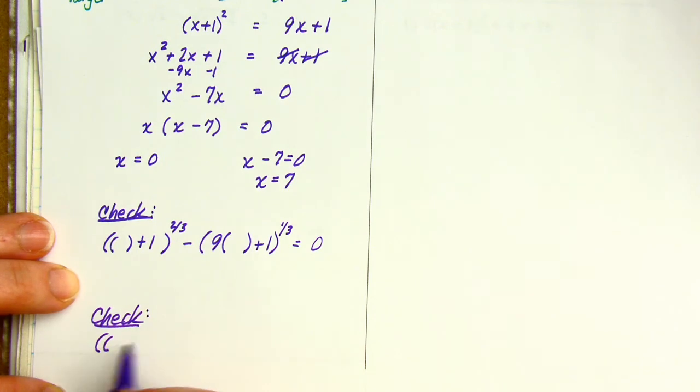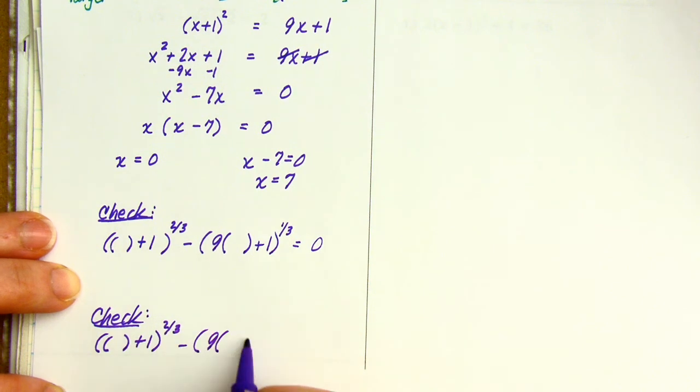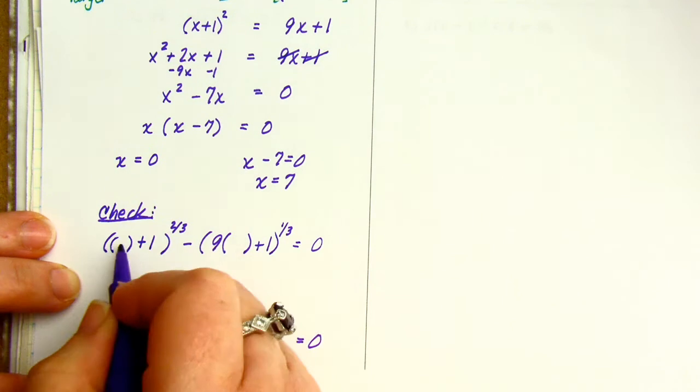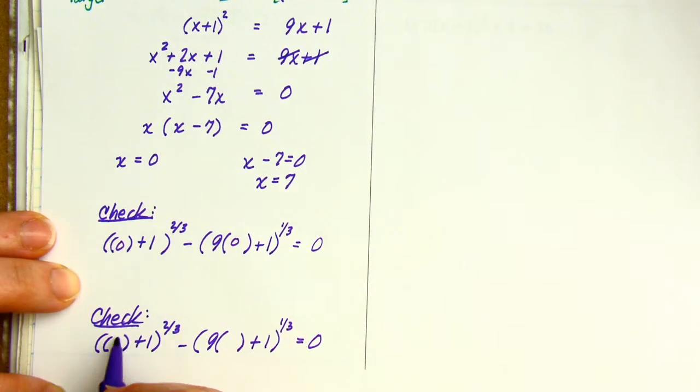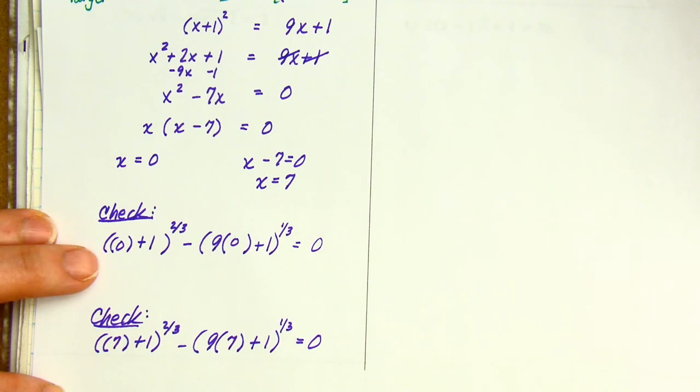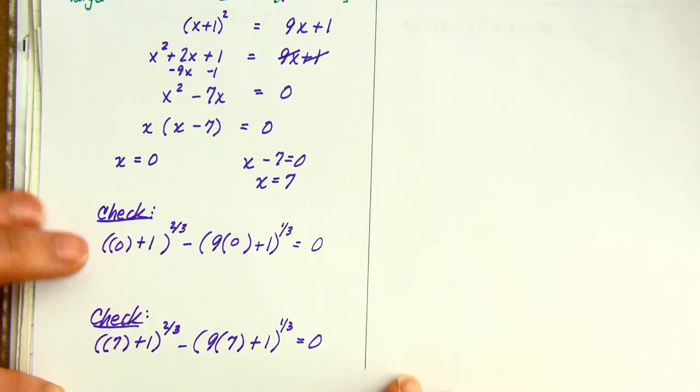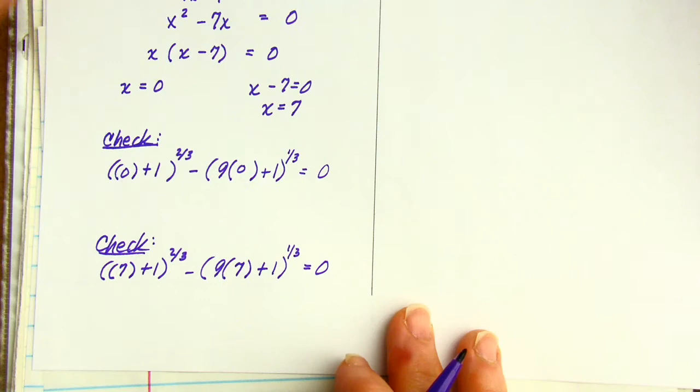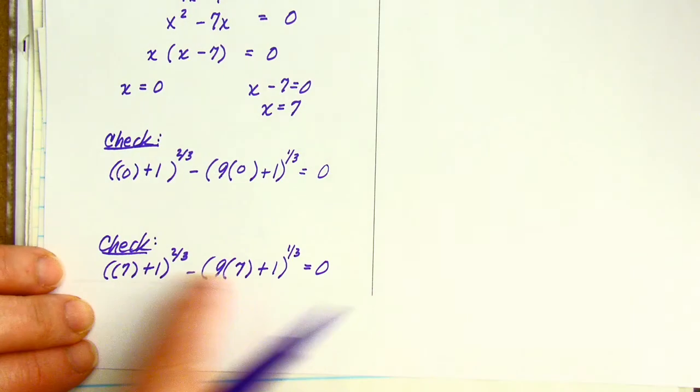So parenthesis for x plus 1, subtract parenthesis for x plus 1. And now I'm going to insert my solutions. The 0 first in both places. And then the 7 in both places for the second check.